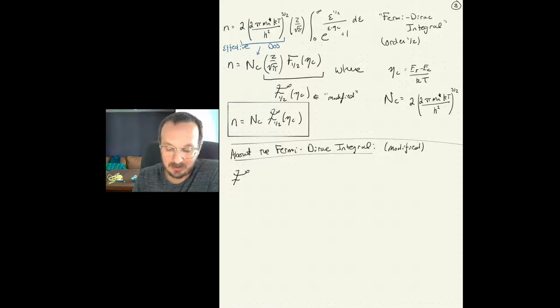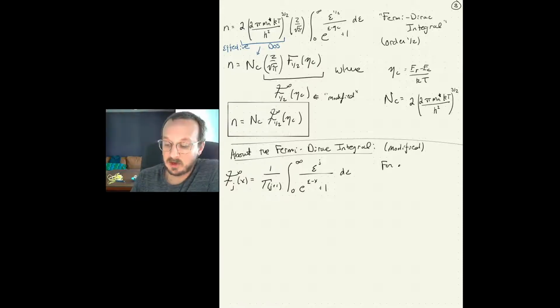So the Fermi-Dirac integral subscript j equals 1 over the gamma function of j plus 1 times the integral from 0 to infinity of epsilon to the j over e to the epsilon minus x plus 1, d epsilon. Okay, and this is the gamma function as a function of x.